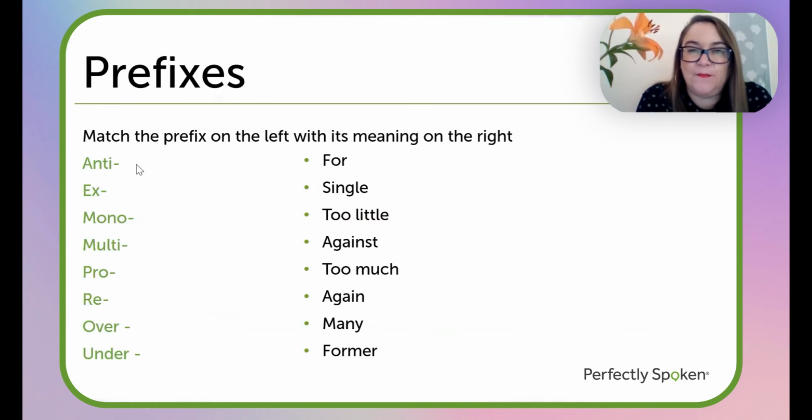Well, anti, any ideas? What do you think the meaning of anti is? Well, if you're anti something, you're against it. What about ex? Ex means former. Your ex-employer, your ex-boyfriend, your ex-housemate means former.